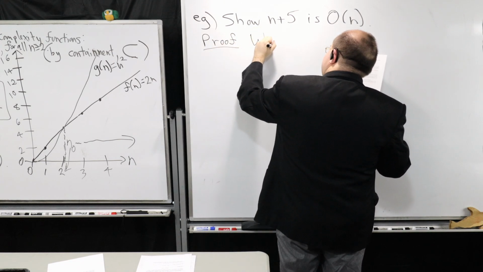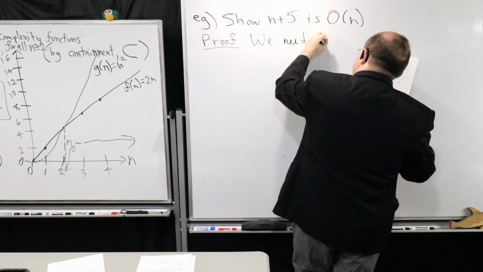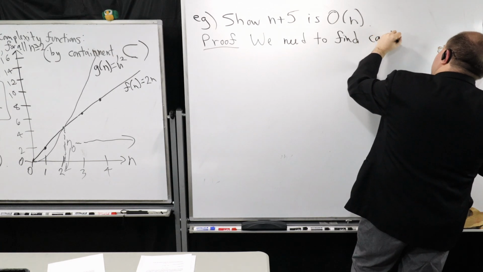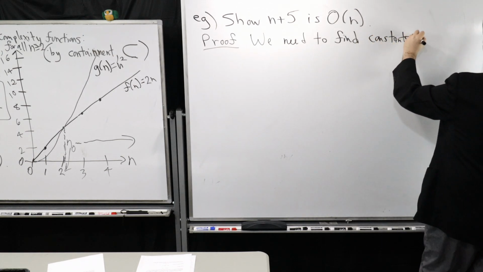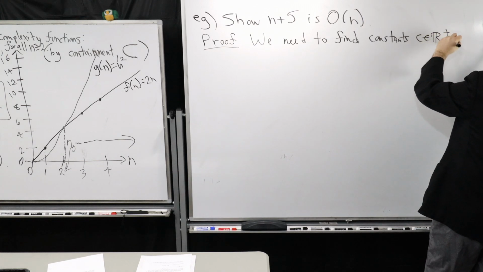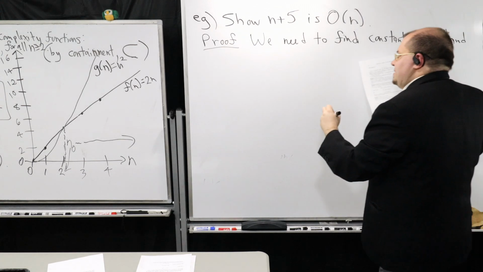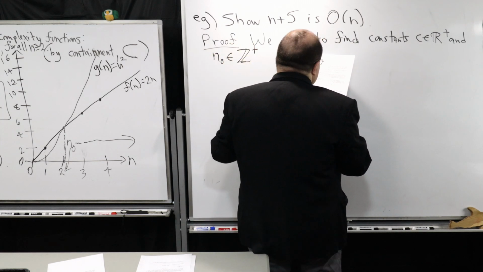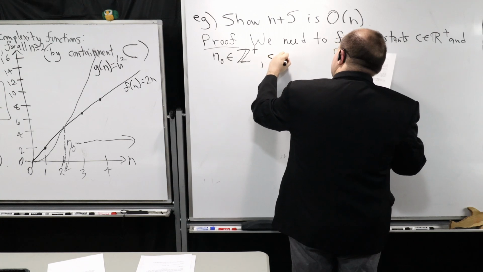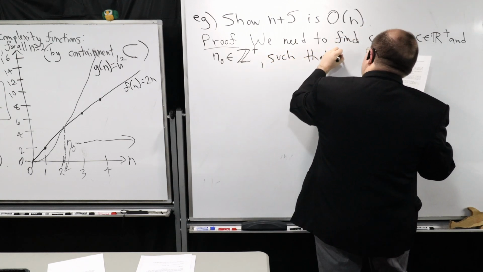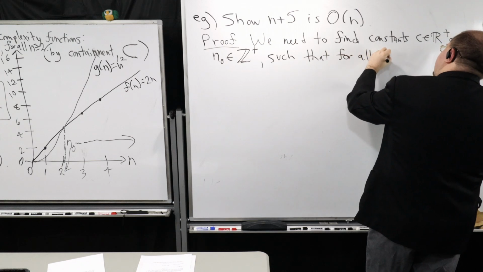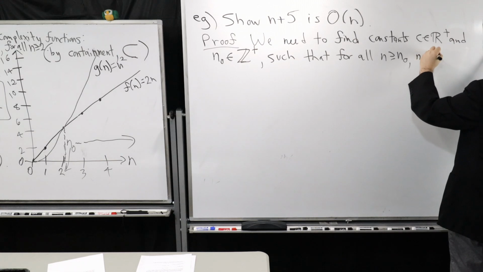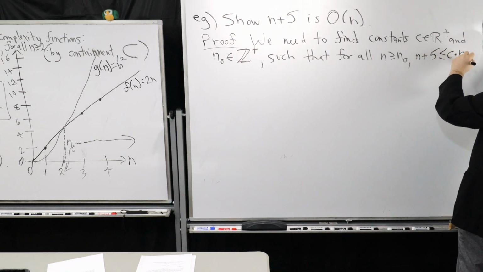So I'm just going to say we need to find constants C, which is a positive real number, and n0, which is a positive integer, such that for all n greater or equal to n0, n plus 5 is less than or equal to c times n.